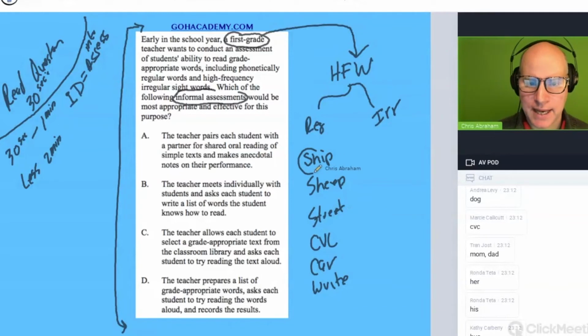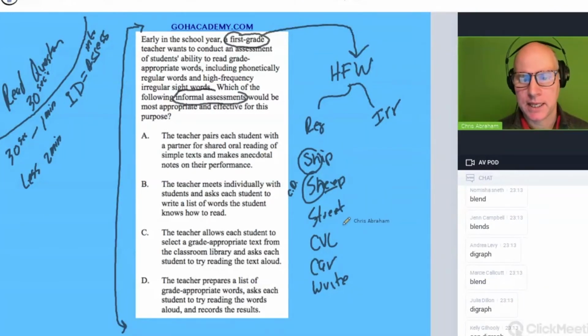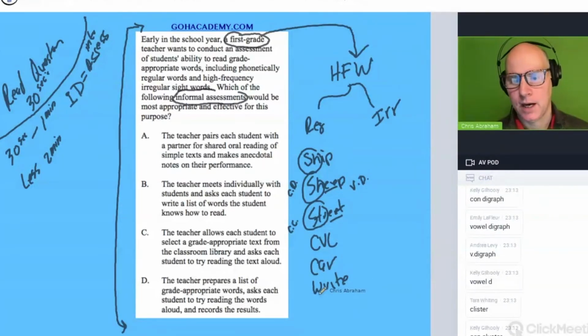What does this have? SH. What's that? Consonant digraph, right? Double E. What's that? Vowel digraph. Okay. What about STR? What's that? Consonant cluster. What do we have here? Car has what?